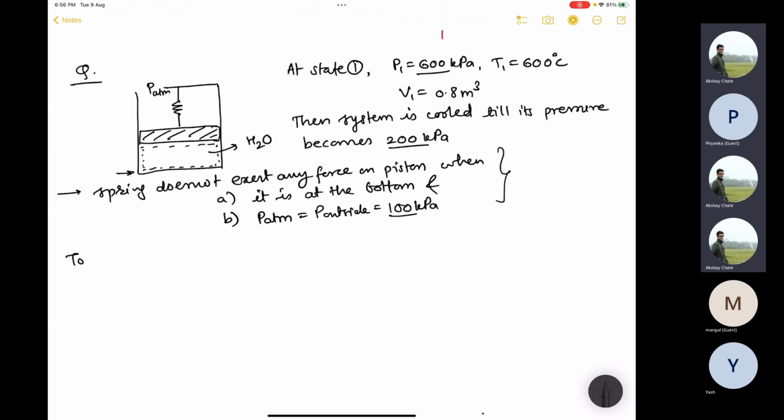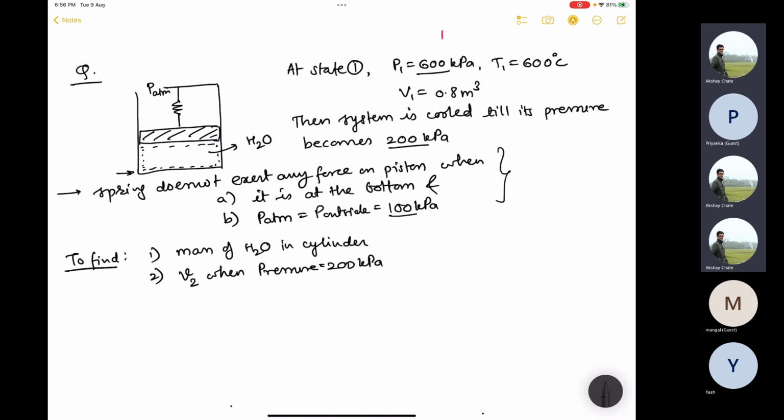So now, first, you need to find the mass of H2O in the cylinder. And second, you need to find the specific volume at the final state 2, when the pressure is 200 kPa. So these two questions you need to answer. Let's quickly go through the solution.